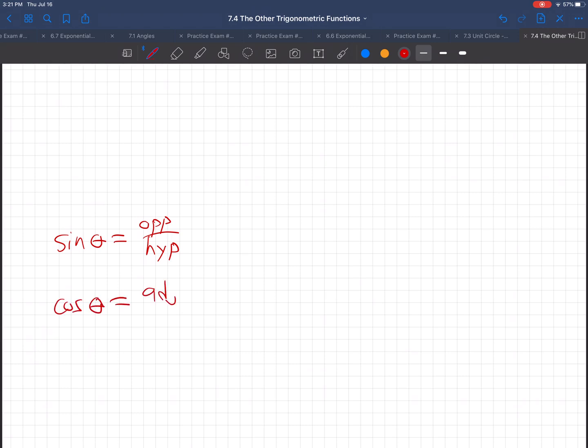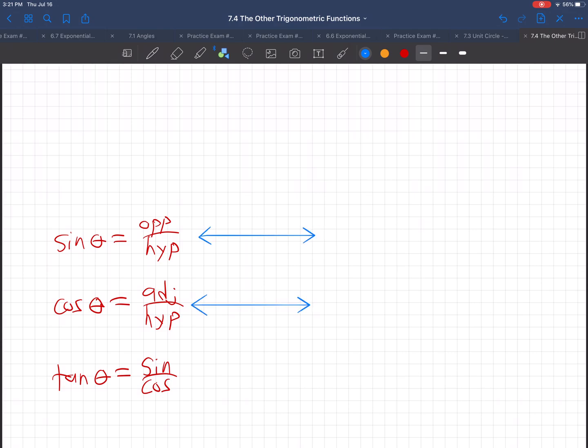Cosine of theta is the adjacent over the hypotenuse. Tangent of theta. And remember the other 4 trig functions are all just made out of sine and cosine. So tangent is sine over cosine, and then the other 3 are all reciprocals.